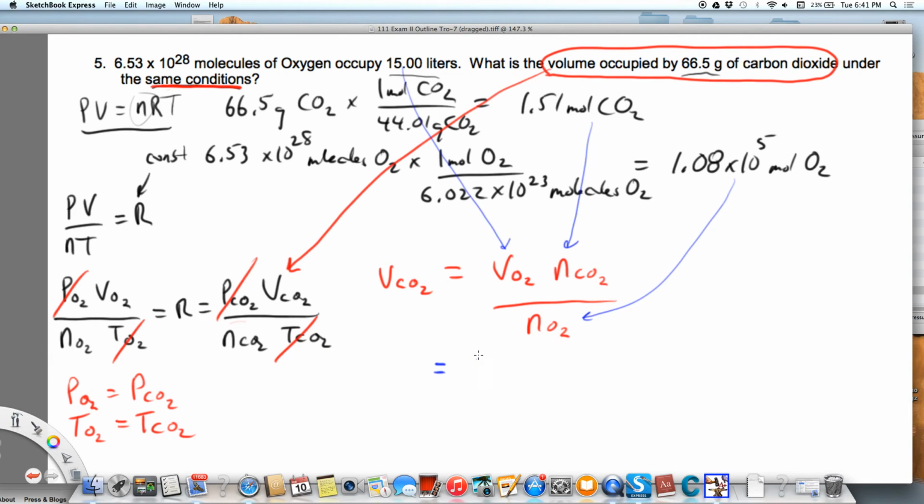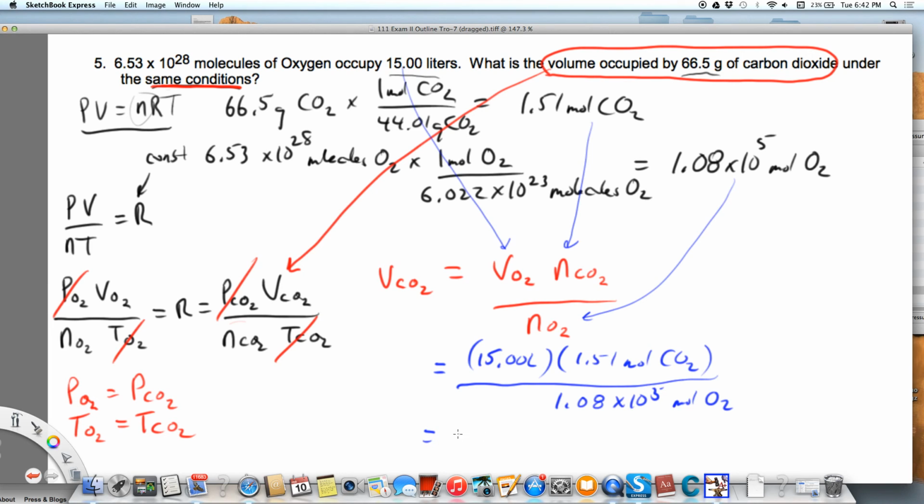So this is going to equal 15.00 liters times 1.51 moles CO2 divided by the moles of O2, which is 1.08 times 10 to the fifth moles O2.